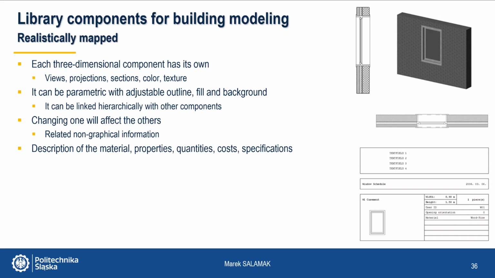It can also be linked hierarchically with other components, so changing one will affect the others. They also relate to non-graphical information in the form of material description, properties, quantities, costs, and specifications.